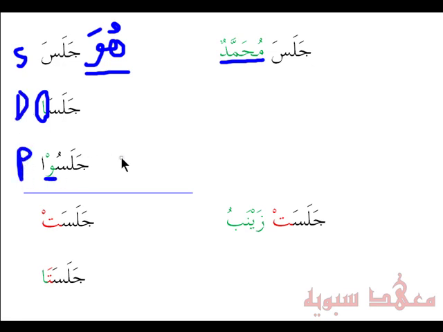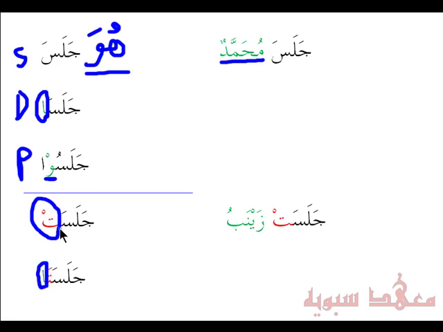Now let's get to the feminine. So we only covered the first 2, which was she sat and them both, 2 females, sat. So we have at the end of the verb a ta, which is called ta ta'nith, and that's for femininity. And similarly here we have ta ta'nith, and after the ta ta'nith we have alif al-muthanna.